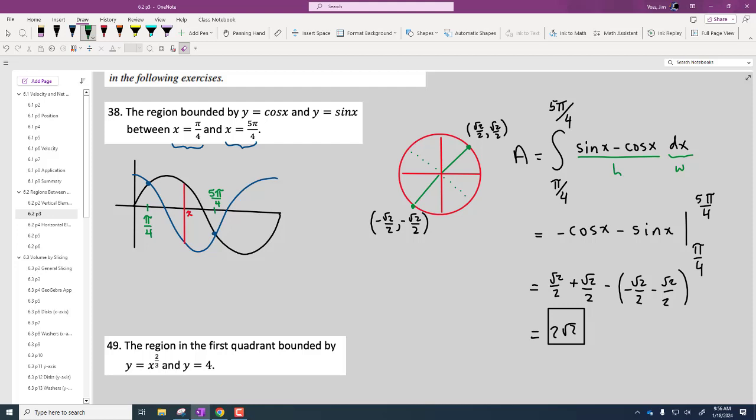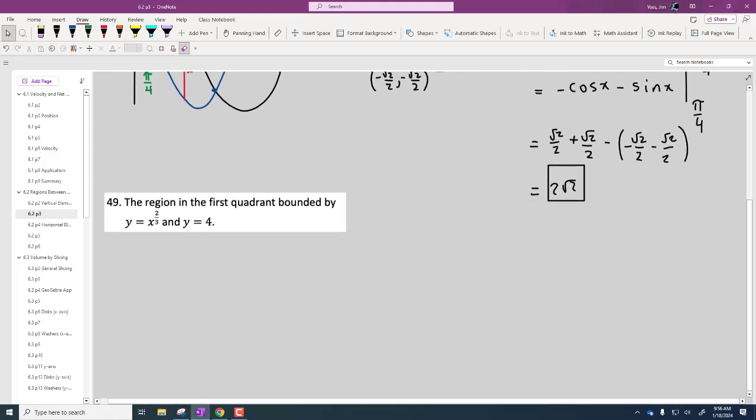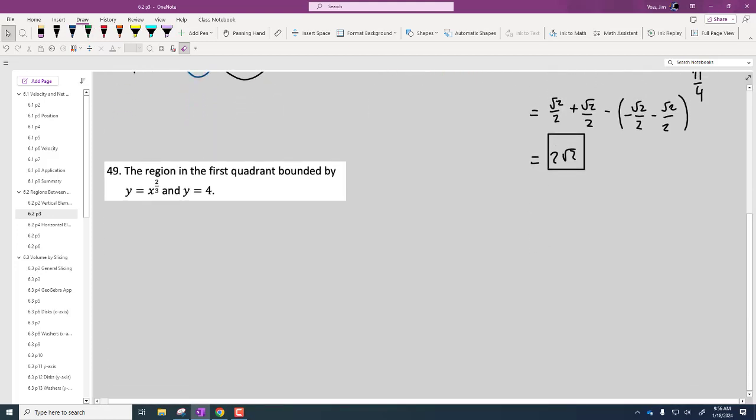You can talk about the volume of a 4-dimensional sphere, which they call a hypersphere. The same types of rules are going to apply, but we won't talk about it in here. But it's very interesting to think about.